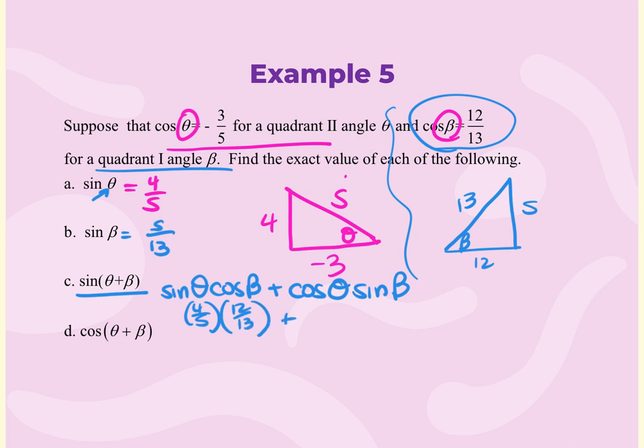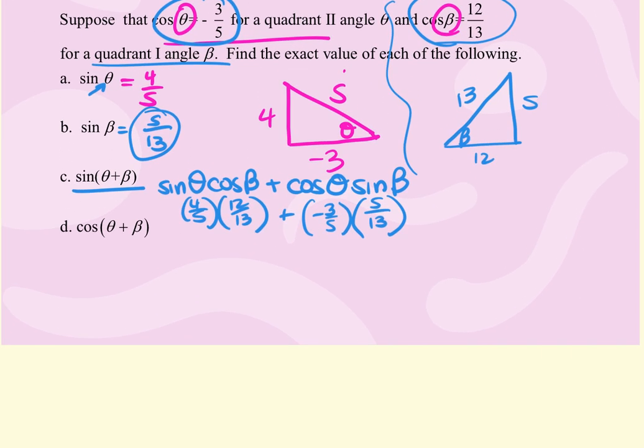Plus cosine of theta was given to you, negative 3/5, times sine of beta, we just found it, 5/13. And I'd get 48 over 65 minus 15 over 65, or 33 over 65. And you'll leave it exactly like that.